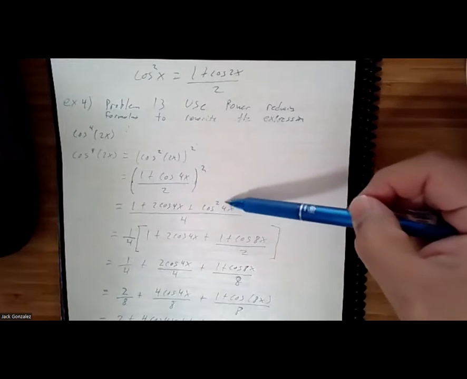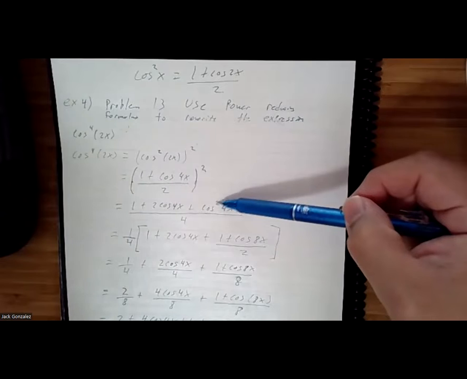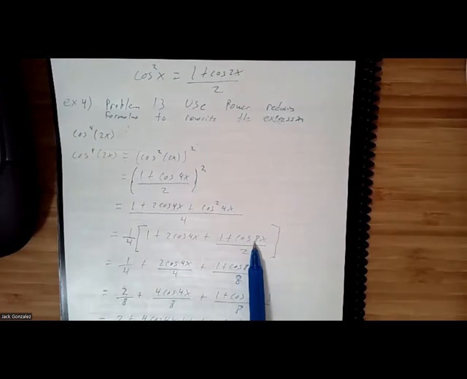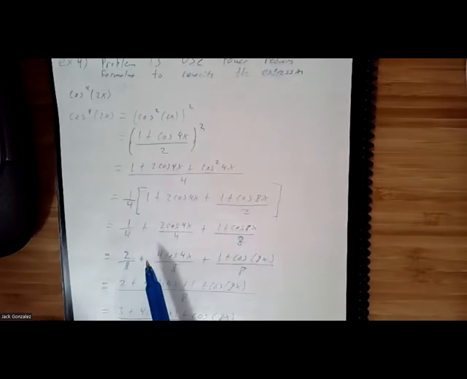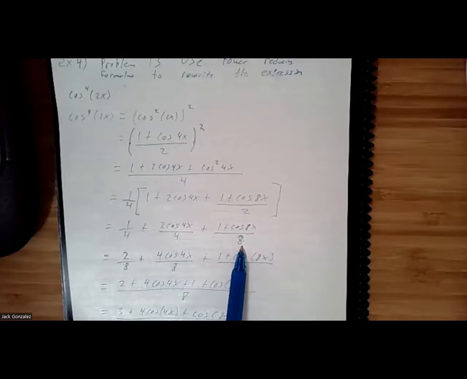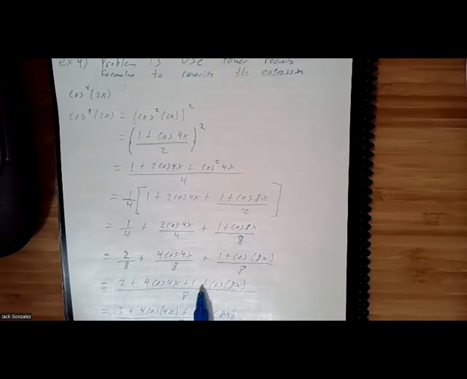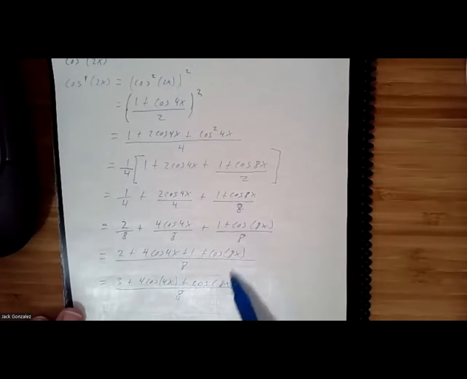Apply the power reducing formula on this guy. So I applied it there and factored out the 1/4. Then multiply in the 1/4, which got me to here. Get everything into 8s using the LCD. Add all the fractions here. And then combine like terms. And that's it.